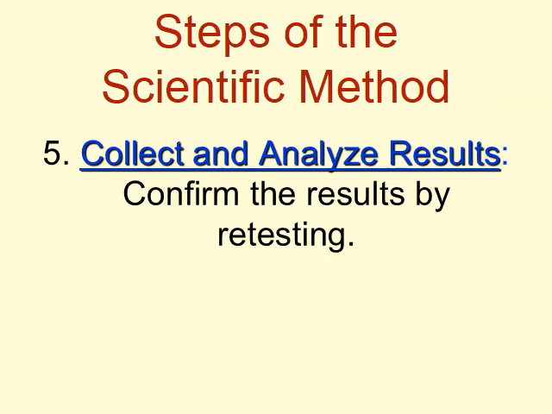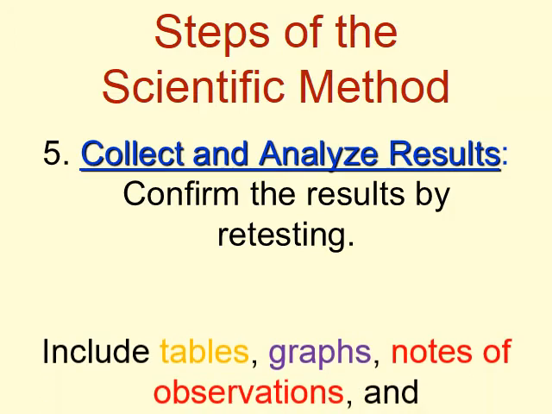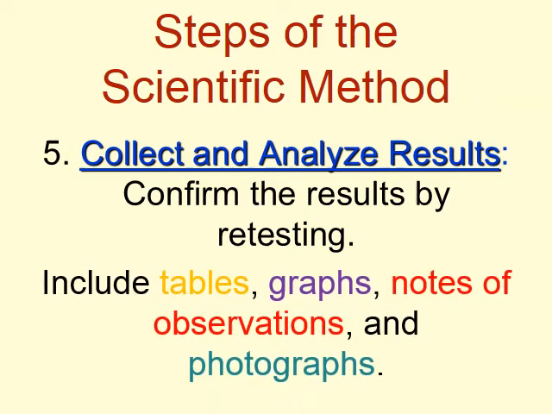What are some conclusions you can draw? Analyzing results includes those tables, graphs, notes of observations, and photographs, all those things that you took in while you were performing the experiment. You're going to consider all of that as you're drawing your conclusions. That is analyzing results.